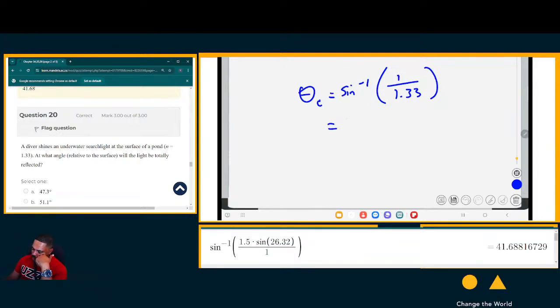The critical angle at least should be 41.8. I got it earlier on my calculator, but this is different from what I get here on this calculator.